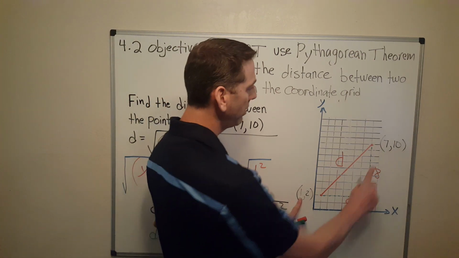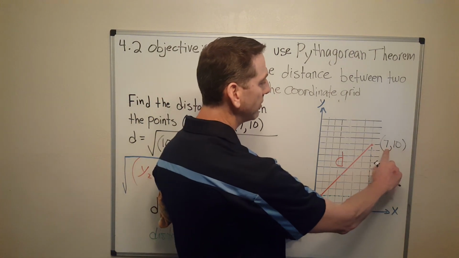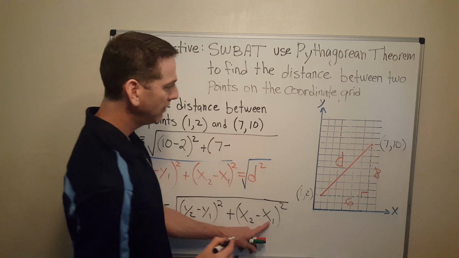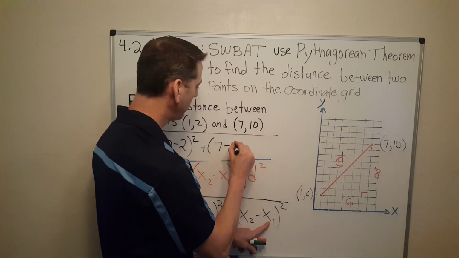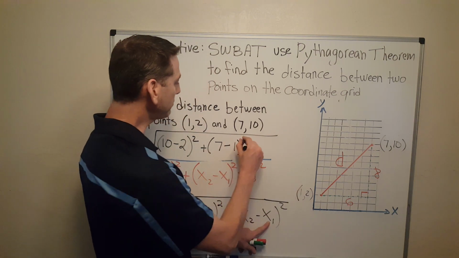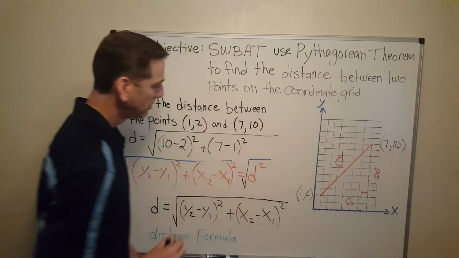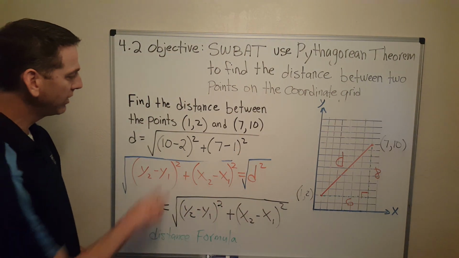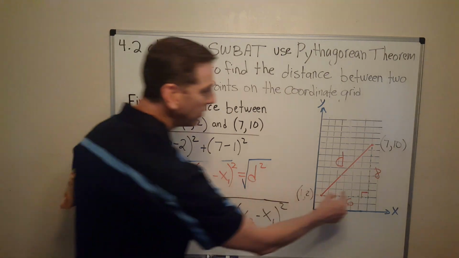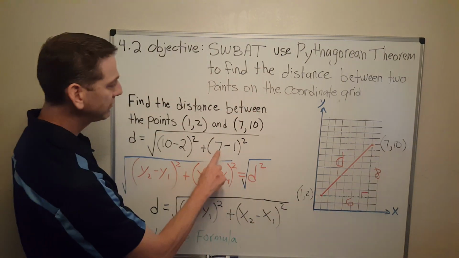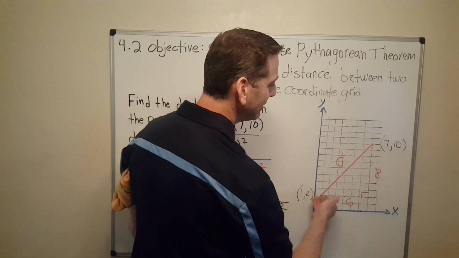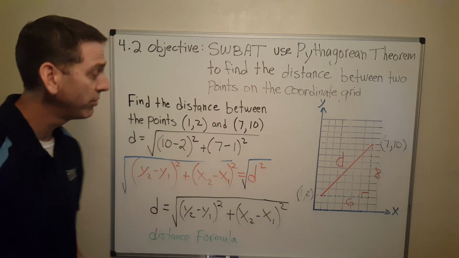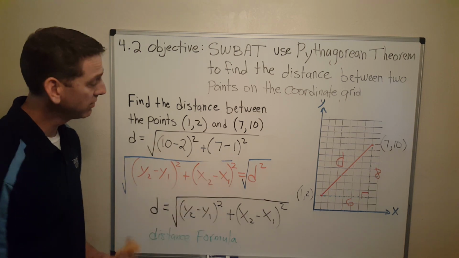Well, there's my x1 and there's my x2. So it's going to be 7 minus x1, which is 1, squared, and that's it. You'll notice that 10 minus 2 was just 8, which is right here. And 7 minus 1 was 6. Essentially I'm just squaring both legs of my triangle.